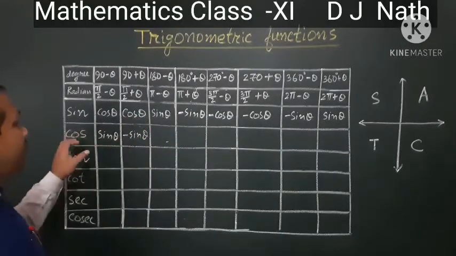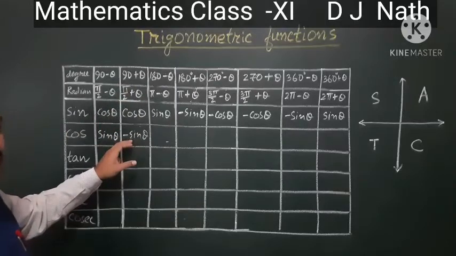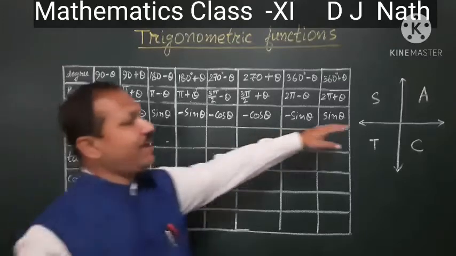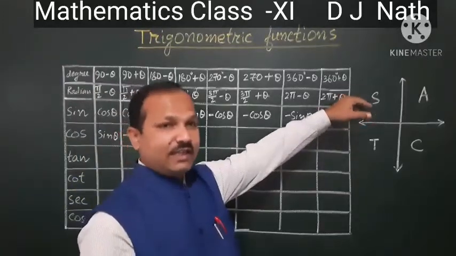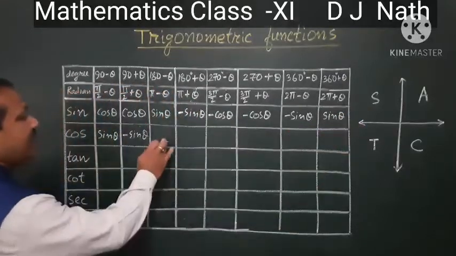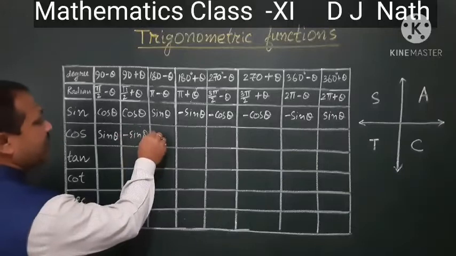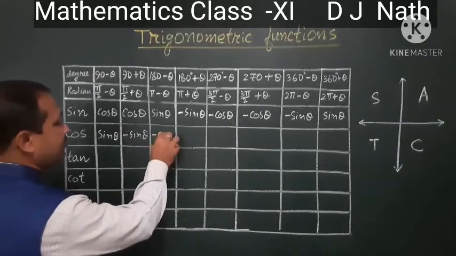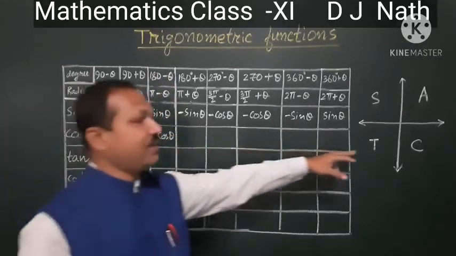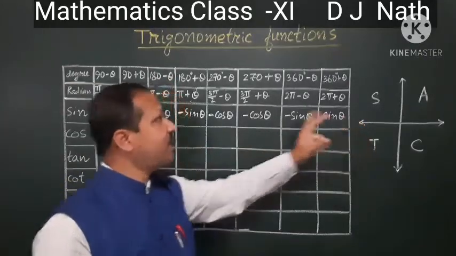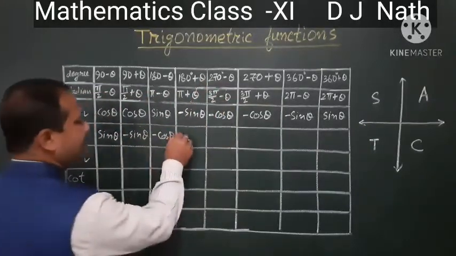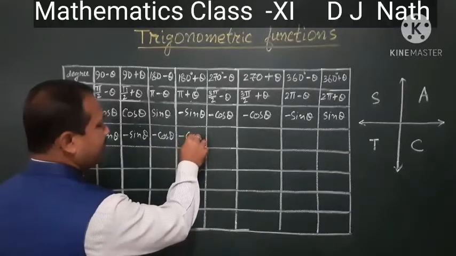Now 180 minus theta, second quadrant, cos is negative, but when we are using this line it will remain cos only, so it is minus cos theta. 180 plus theta, third quadrant, using the 180 line, cos remains cos but negative, so minus cos theta.